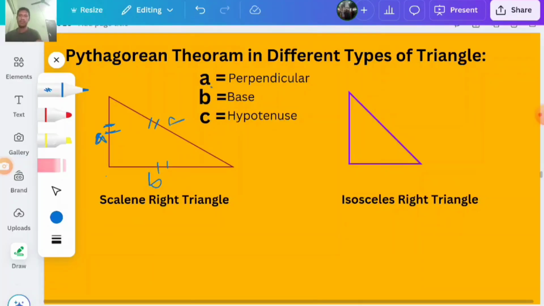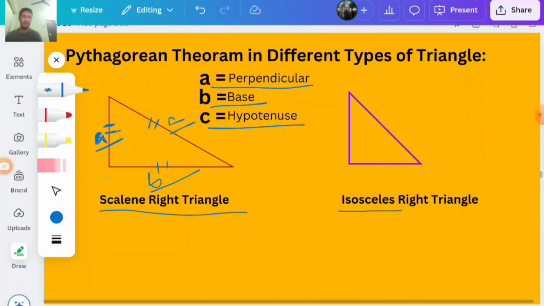I have written here A equals perpendicular, B equals base, C equals hypotenuse. I also have written here this is perpendicular, this is base, and this is hypotenuse, and I have denoted these in this scalene right triangle.